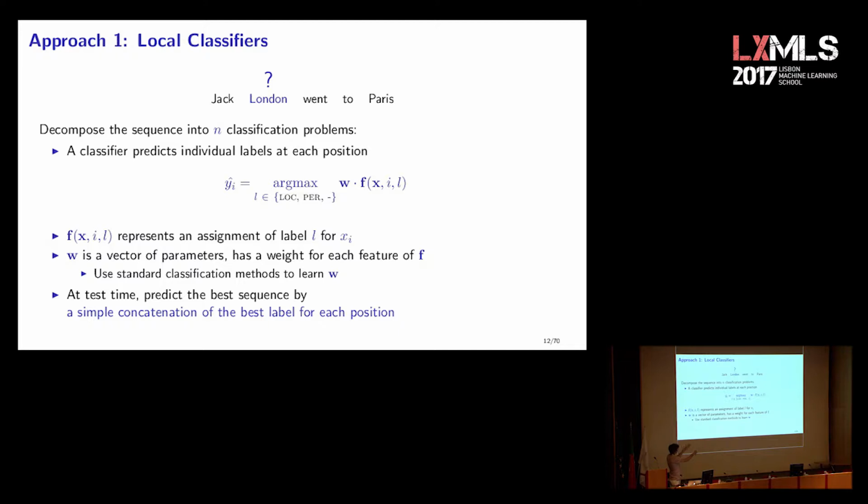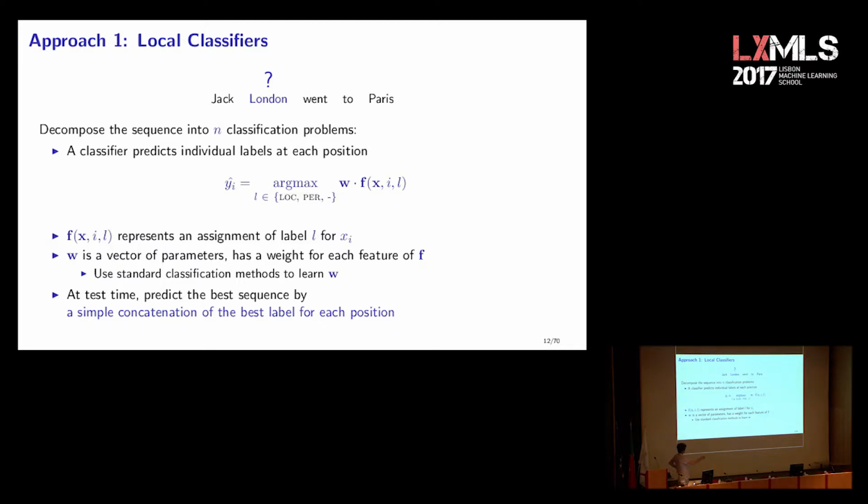At another time, I'm going to look at other parts of the sentence. So I'm going to decompose the output sequence, or the sequential problem, into n independent multi-class classification problems, okay? Because we already have multi-class classifiers at hand, this will be as simple as applying that kind of methods.